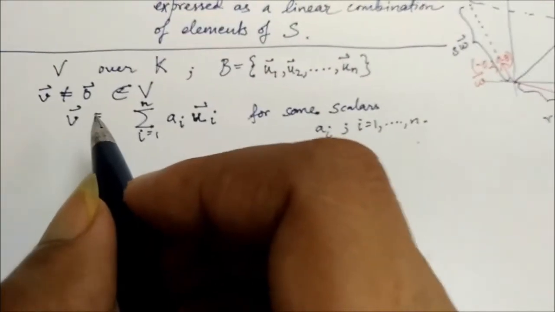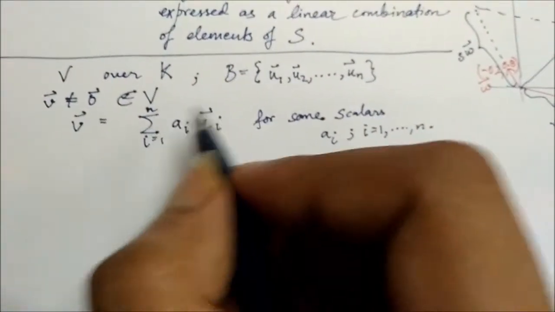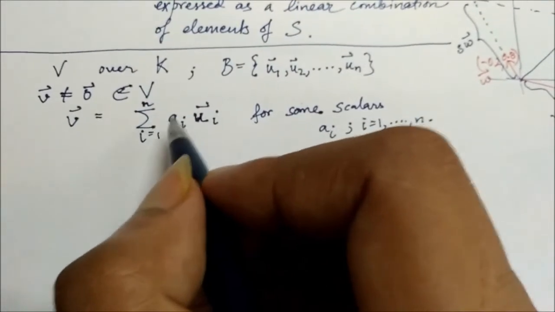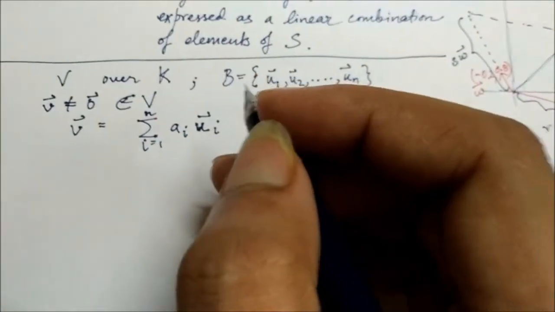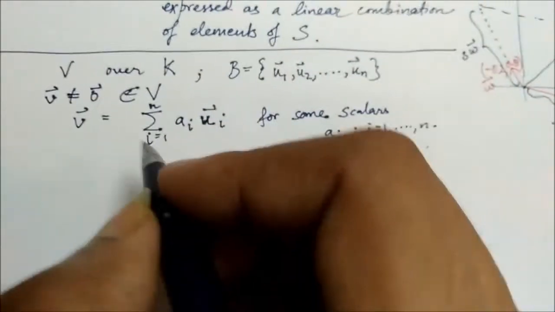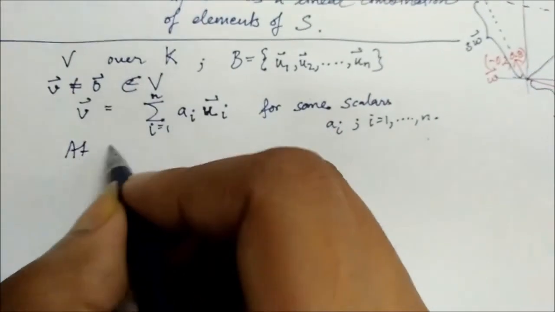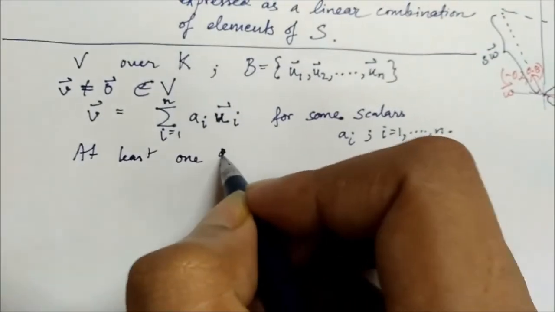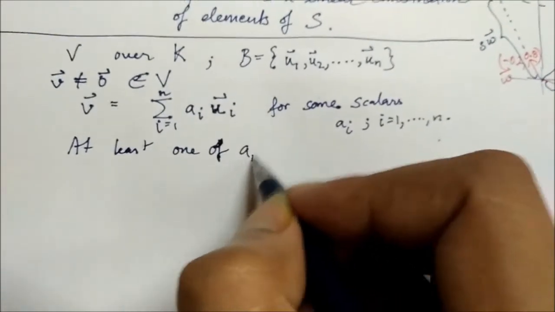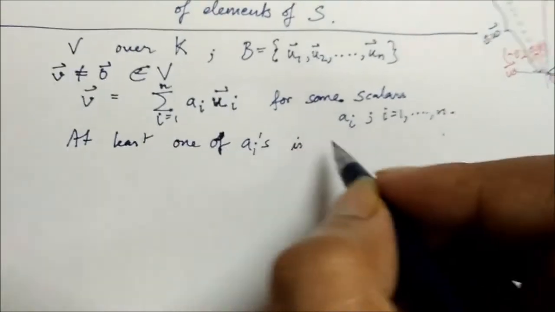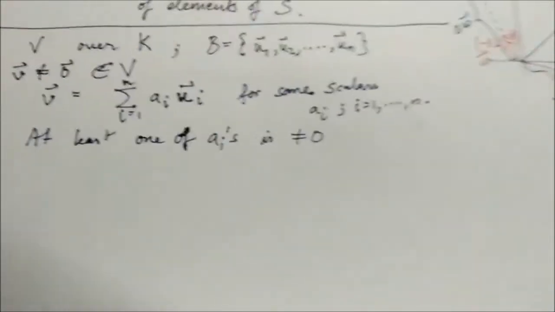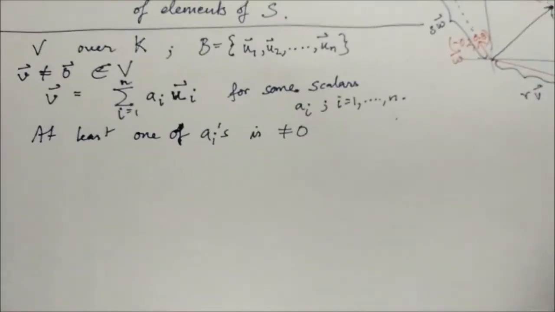So obviously there has to be one of these fellows whose coefficient a_i is non-zero, right? So at least one of the a_i is not zero. Let it be a_k or something like that, right?